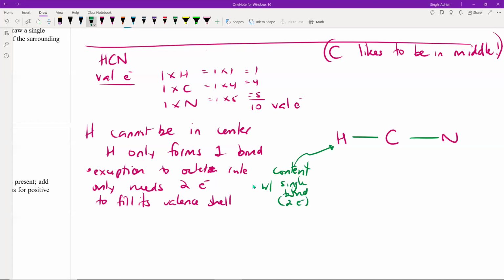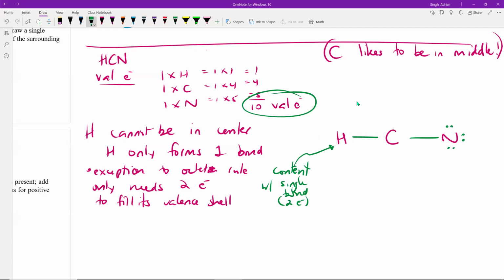The nitrogen on the right, though, has 2. It needs 8 to be happy, so it needs 6 more. We're going to put those in as lone pairs of electrons. So now the nitrogen has 2, 4, 6, 8, and the hydrogen has 2, so they're both happy. If I look at my total electrons in here now, I have a total of 2, 4, 6, 8, 10. Those are my 10 valence electrons.